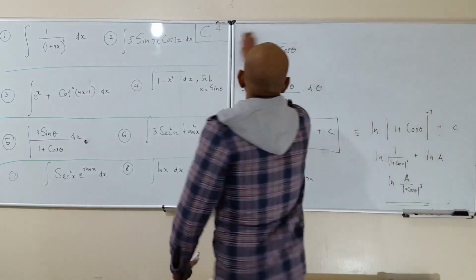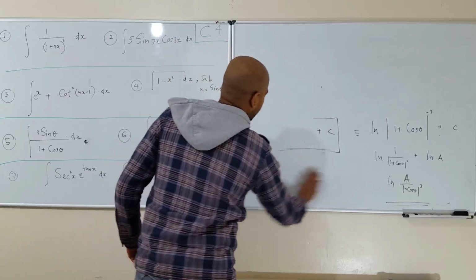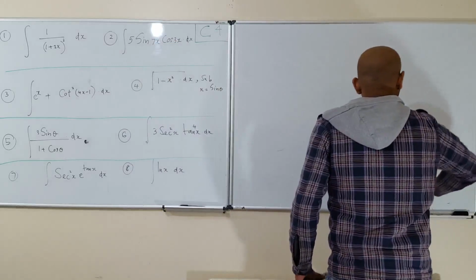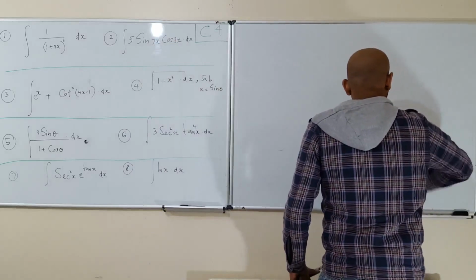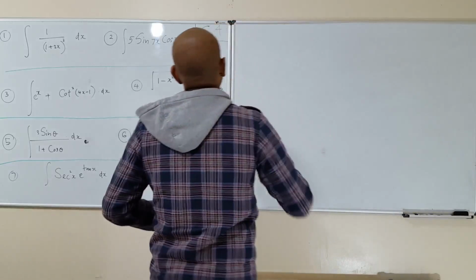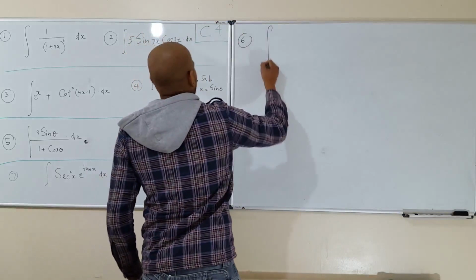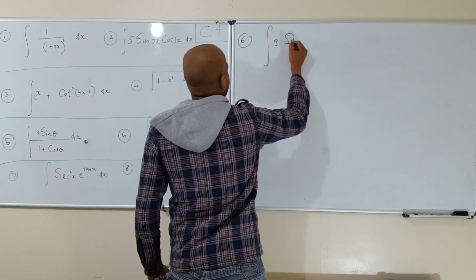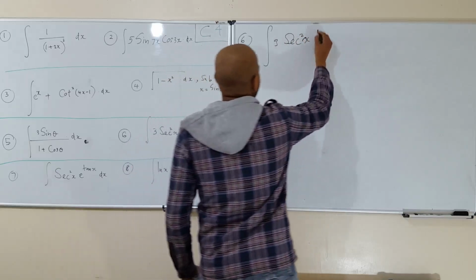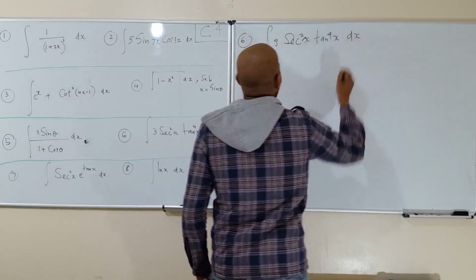All right, so let's move forward then to the next question. Question number 6. Question number 6 says 3 sec squared x tan to the power of 4 x dx.